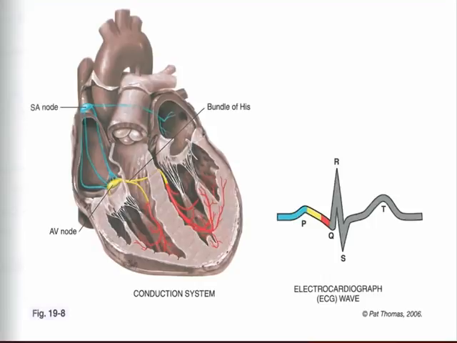A small amount of the electricity actually spreads to our body surface where it can be measured and recorded, and this is what is recorded on the ECG or the EKG, whichever way you want to word it. And the ECG waves are arbitrarily labeled P, Q, R, S, and T, which we'll talk about in a few minutes.